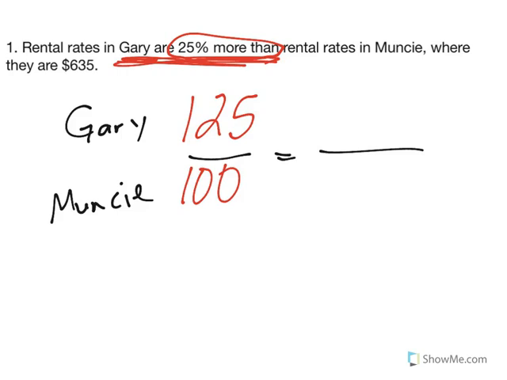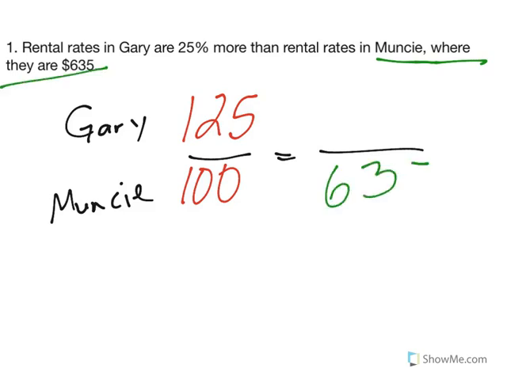Okay, so let's get back to our problem here. Rental rates in Gary are 25% more than rental rates in Muncie, where they are $635. So Muncie is where they are $635. Well, that means my big X goes in the top. So you've got to see what they give you and build off of that. Now I can use proportions by cross multiplying.